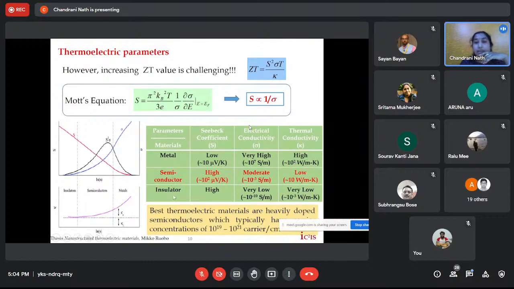Insulators, on the other hand, have a very high Seebeck coefficient, but very low electrical conductivity and very low thermal conductivity as well. So what comes in between? The semiconductors. These semiconductors are known to be the base thermoelectric materials, which are heavily doped and can have carrier concentrations in the range of 10^19 to 10^21 carriers per cubic centimeter.